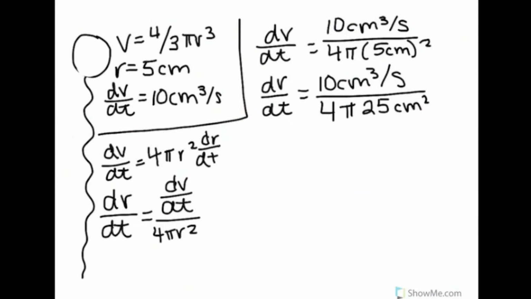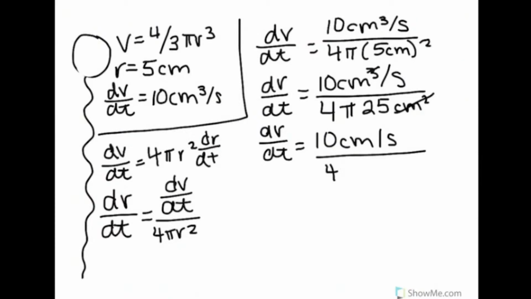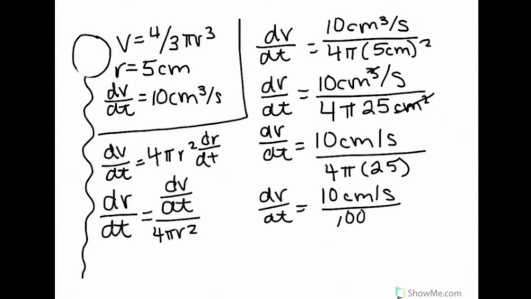After simplifying, the centimeter squared in the denominator reduces the centimeter cubed in the numerator, and you are left with dr/dt equals 10 centimeters over 4 pi times 25, and then you can further reduce to get dr/dt equals 10 centimeters per second over 100 pi. After calculations, you are finally left with dr/dt equals 0.032 centimeters per second.